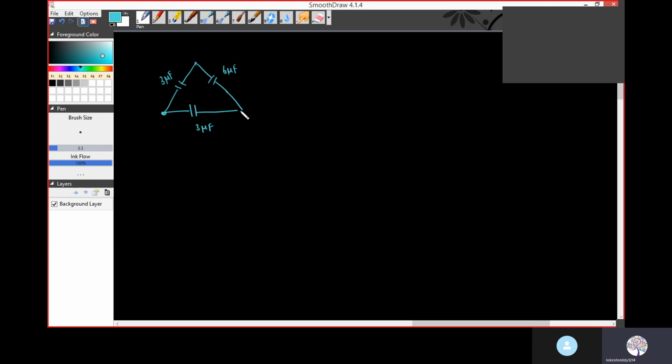You are asked to calculate the capacitance between A and B. First you calculate the effective capacitance of these two. These two are in series, because after this it is connected like this.